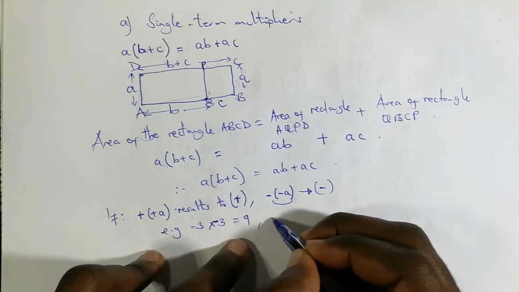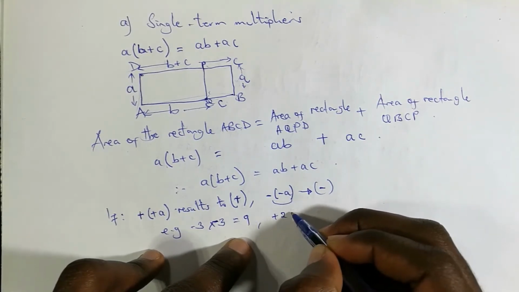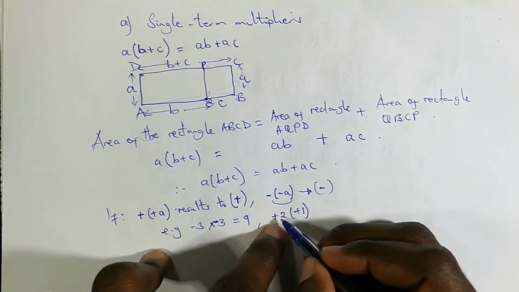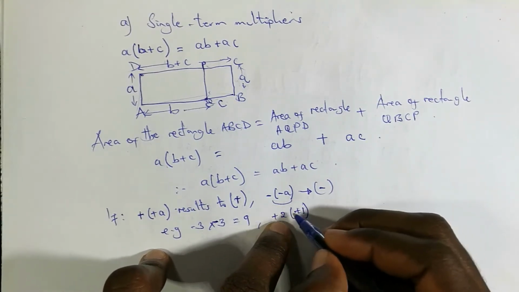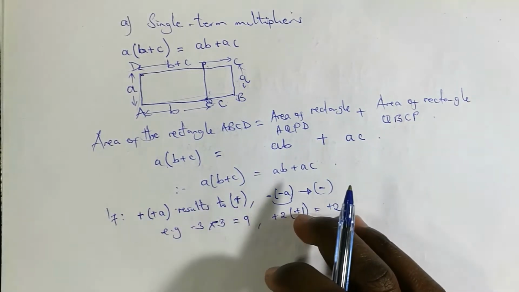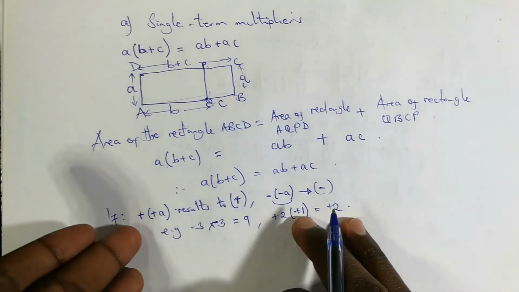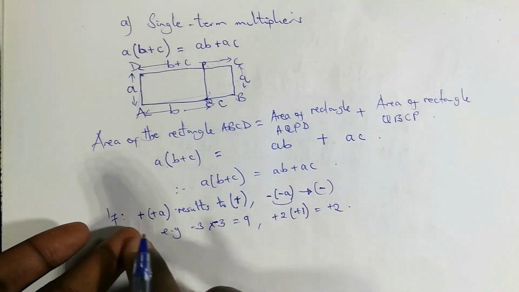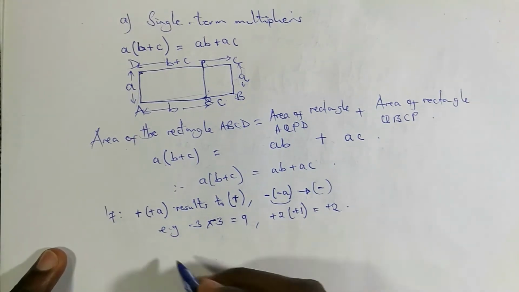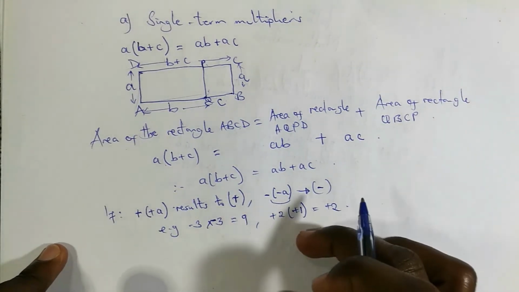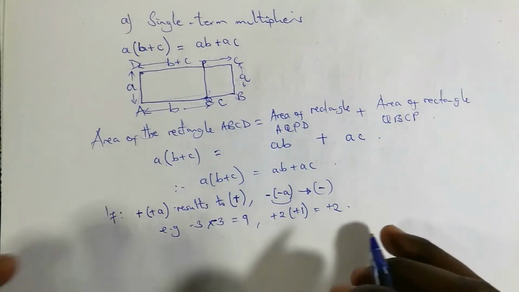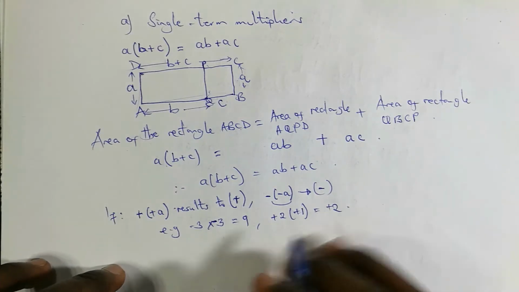If we multiply positive 2 by positive 1, we're going to have 2 times 1, and positive times positive will give us positive 2. That's what we also need to know. That means if we multiply or divide any two numbers of the same sign, the result must be positive. That's our conclusion: multiplying two numbers of the same sign must give you a positive sign in the end.